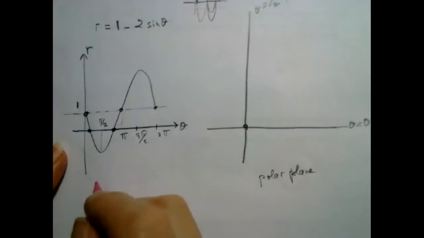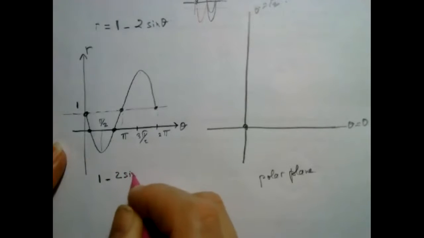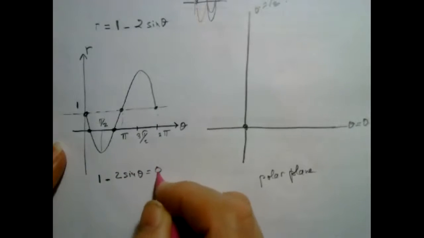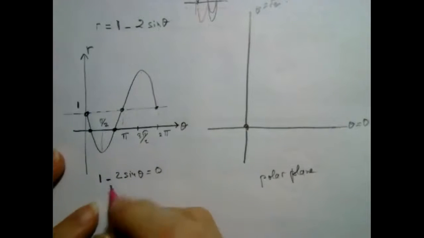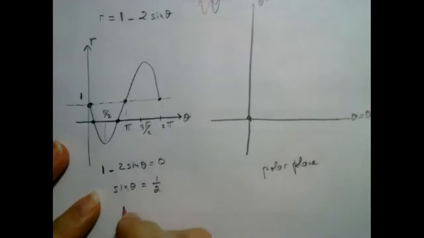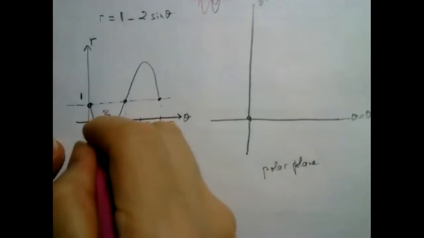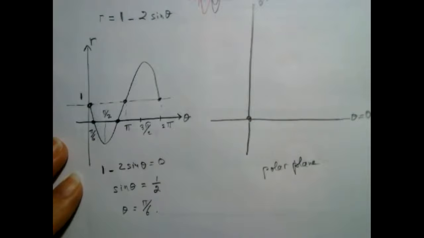So we go back and we set 1 minus 2 sine theta equal to 0. It means I'm setting my r equal to 0, and I'm figuring out those. It means the sine of theta, so I'm working with an easy angle here, equals a half. It means theta equals pi over 6, so this value here is pi over 6.